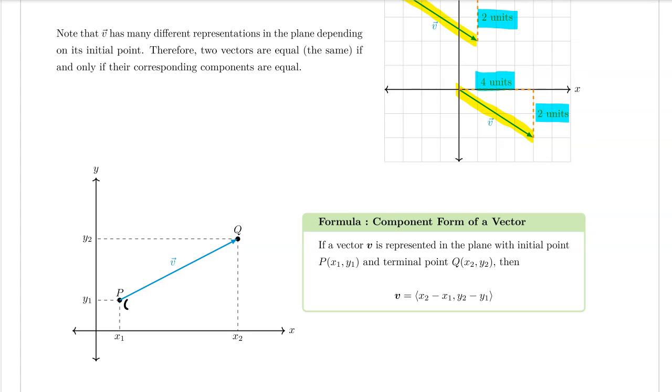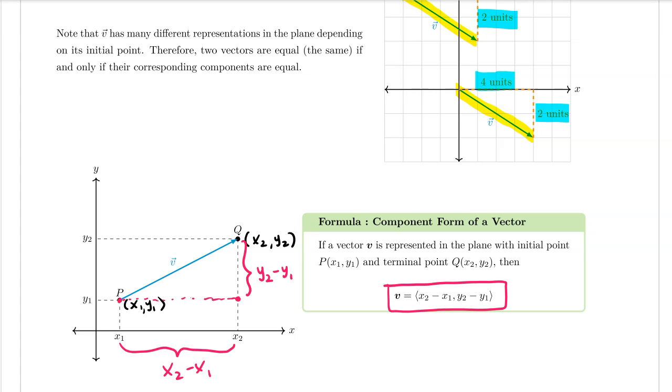If this ordered pair right here is (x1, y1), and this one is (x2, y2), then to get the horizontal component, this point has an x coordinate of x2, this has x1, so the horizontal component is x2 − x1. And similarly, the vertical component we get by doing y2 − y1. So that is where this formula comes from, so that we can turn a vector into component form.